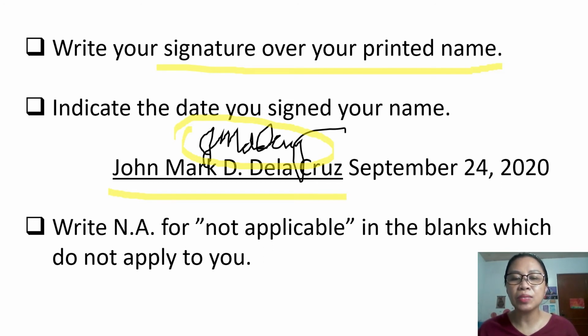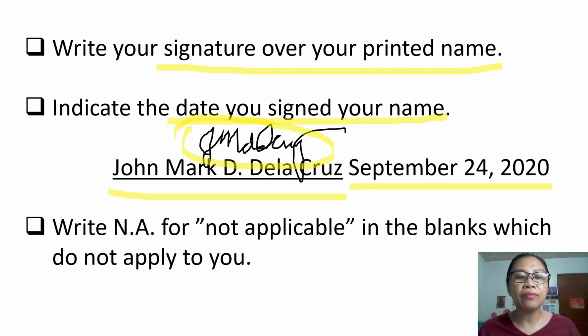And beside his printed name is the date that he signed this personal data sheet. So do not forget to write the date you signed your name. Also, in some cases in the personal data sheet, your siblings are asked, your brothers' names or your sisters' names, so you just have to write their names, printed also.